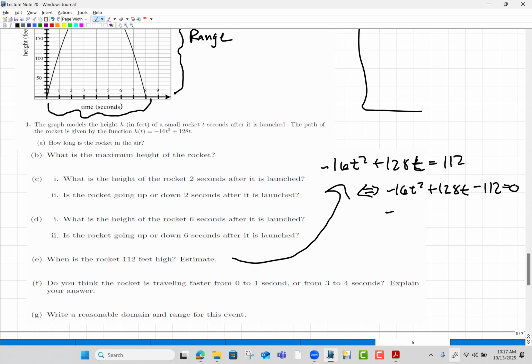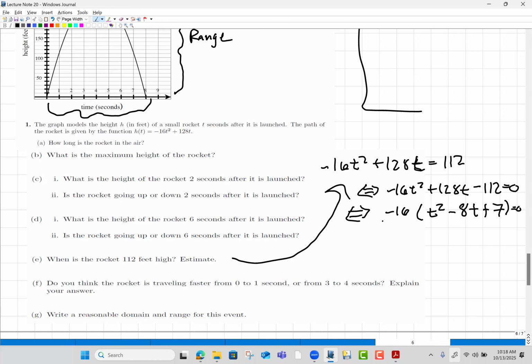I recommend factoring out the 16 first. How many times does 16 go into 128? 128 divided by 16 is 8. And then 112 divided by 16 is 7. So this times this gives you that, this times this gives you that, and this times this gives you that.